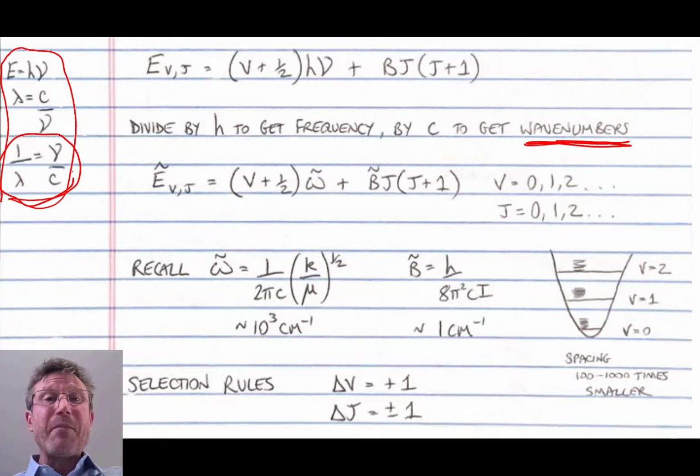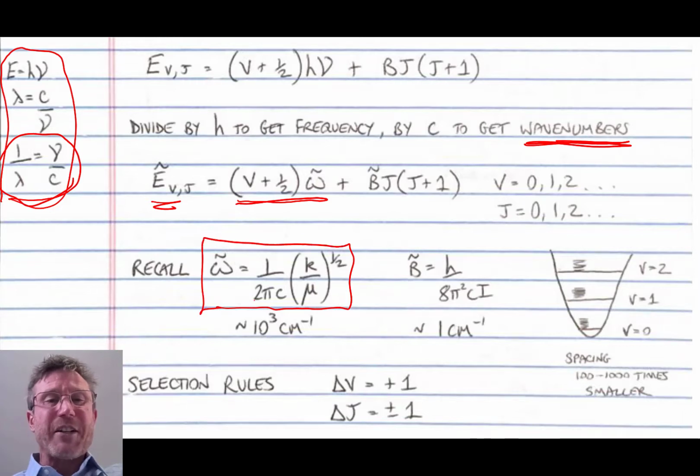So when we convert this into wave numbers, as we've seen in the previous chapter, we end up with v plus 1/2. Effectively we're dividing throughout by Planck's constant, which is embedded in this expression.